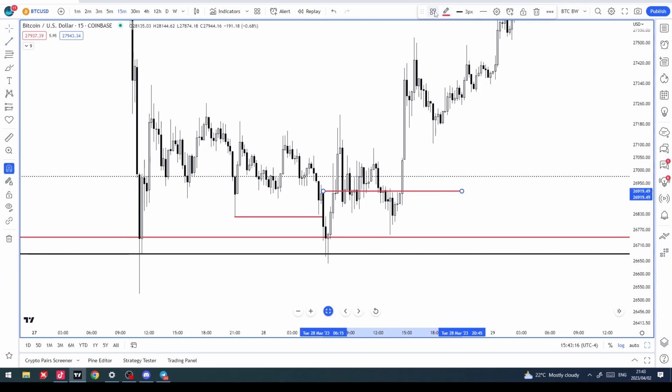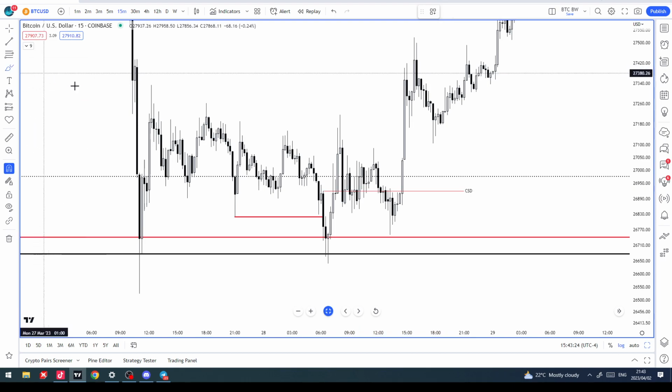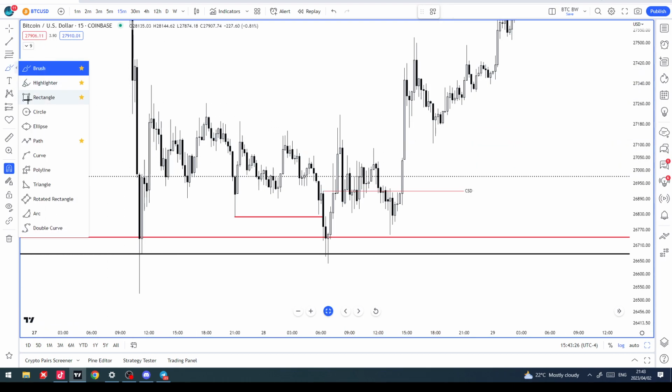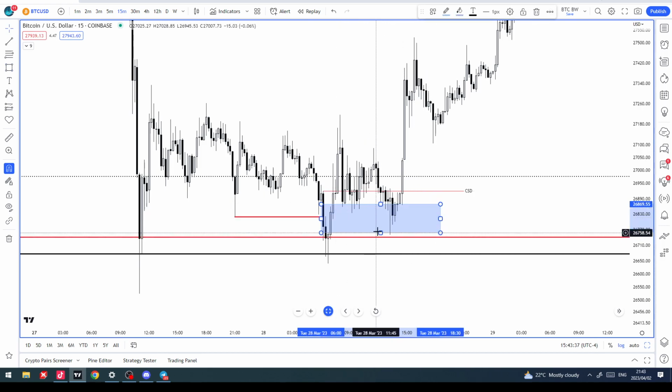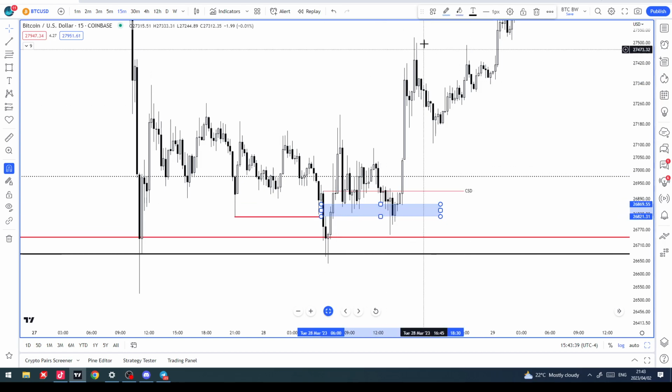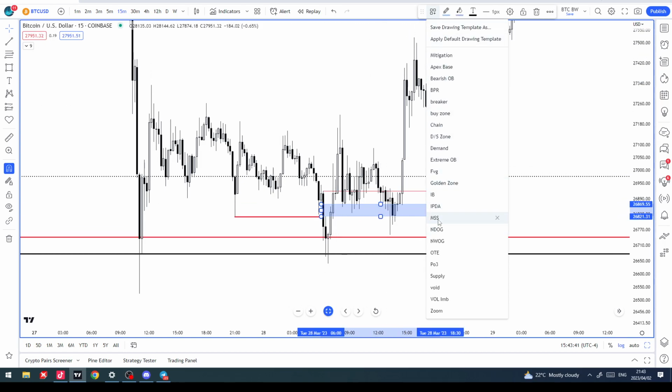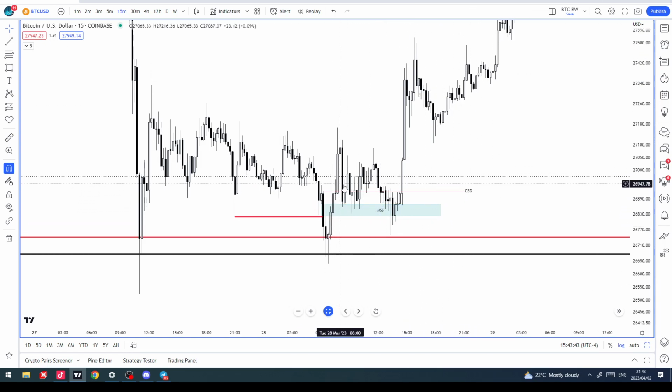This is where you would look for CSD, which is the change in the state of delivery. Besides that, what do you have here? Even though this is a down candle on this particular time frame, opposing FVGs getting closed above is what? Market structure shift, right? So you've got market structure shift, CSD.